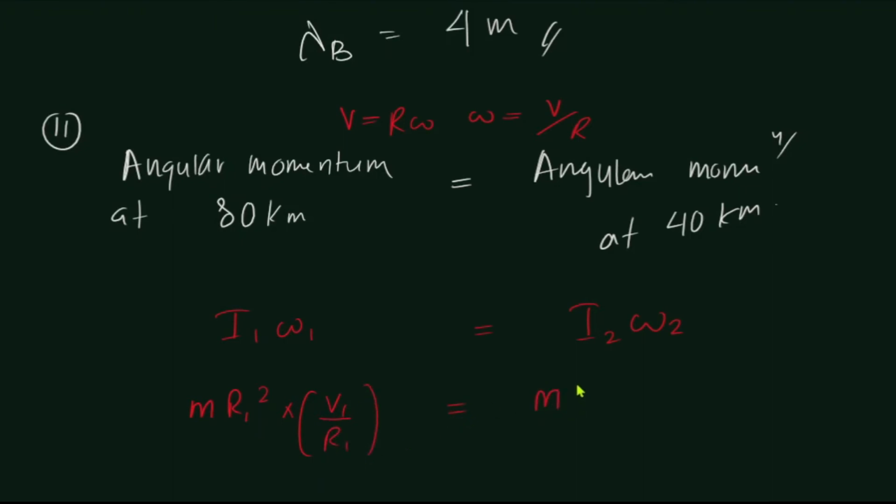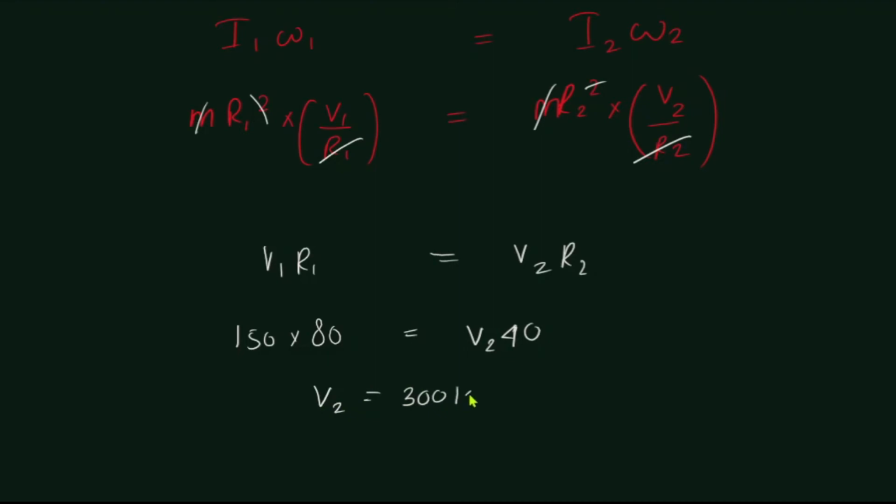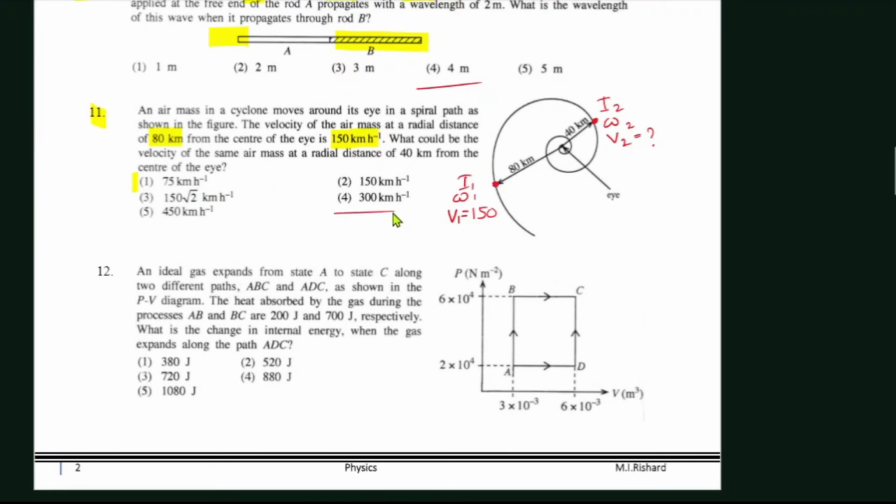Similarly, the moment of inertia at radial distance r2 is m r2 squared, and omega2 is v2 over r2. The mass cancels and the r's cancel, so the remaining is v1 r1 equals v2 r2. v1 is 150, r1 is 80, r2 is 40. We get v2 as 300 kilometers per hour.